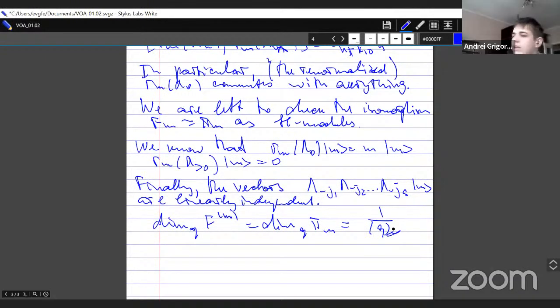Okay. And can you please repeat why they are independent? I missed something. Yes. Maybe somebody else can say this. Because of Schur's lemma. We have a map from the Fock module to our space, and as soon as the Fock module is irreducible, the map is injective.